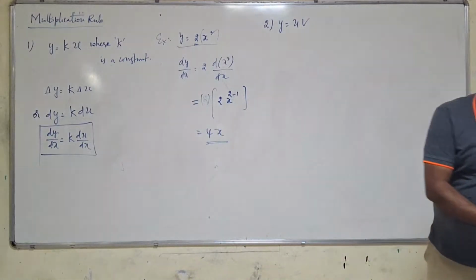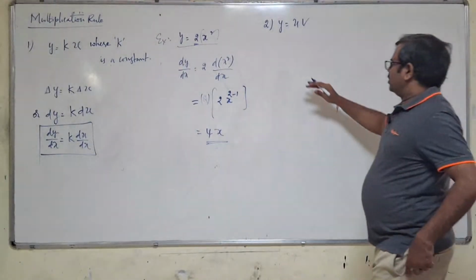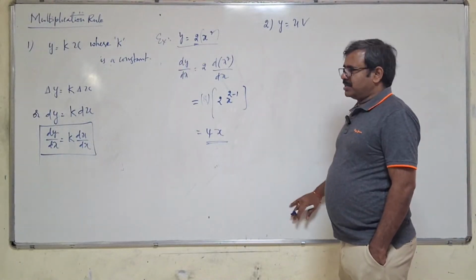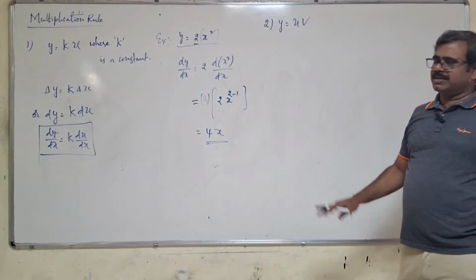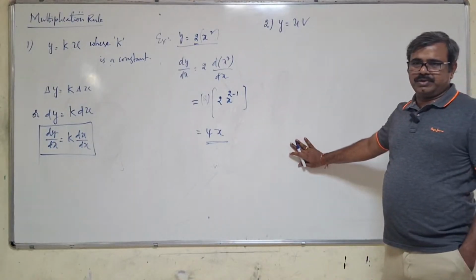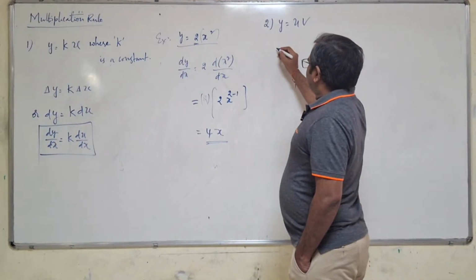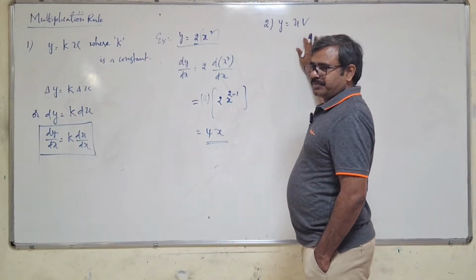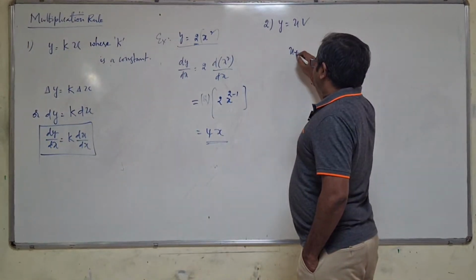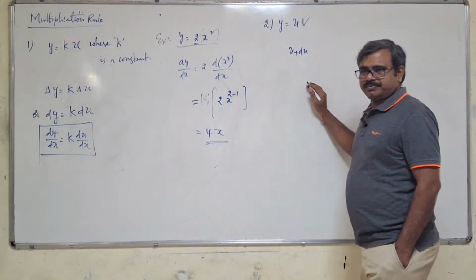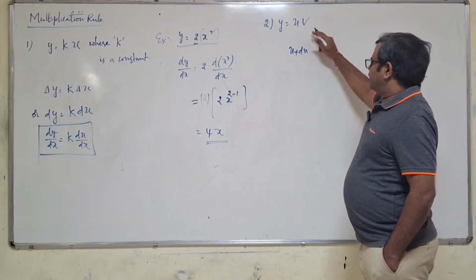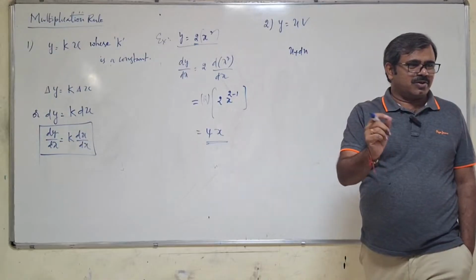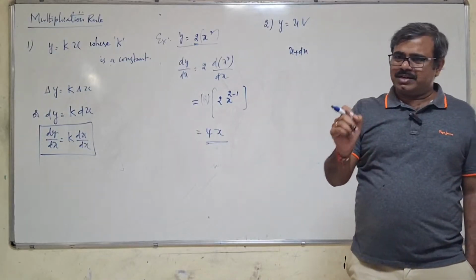First I'll explain how we write this rule logically. The result you have to remember. So look at this function. If u changes by du, if du or delta u, we are talking about small changes, so I'll write du.